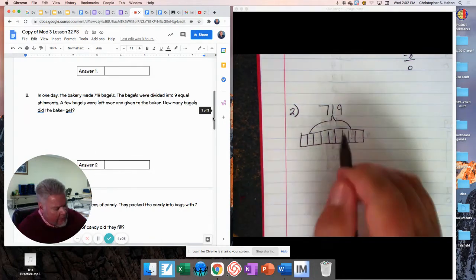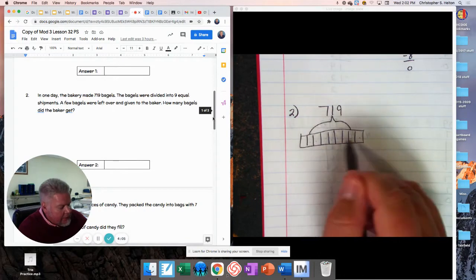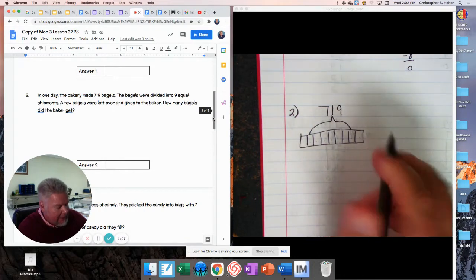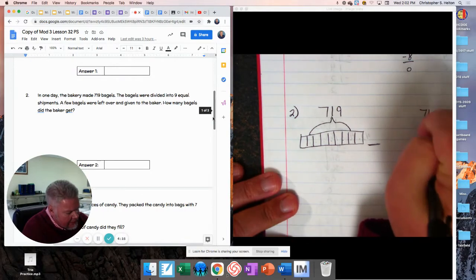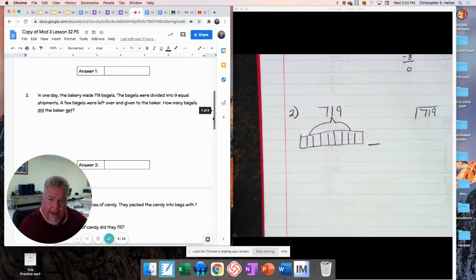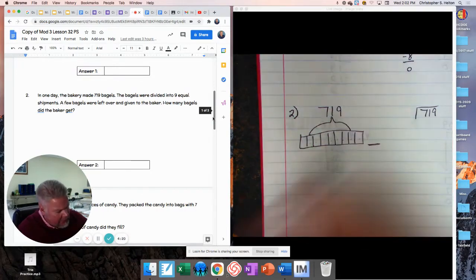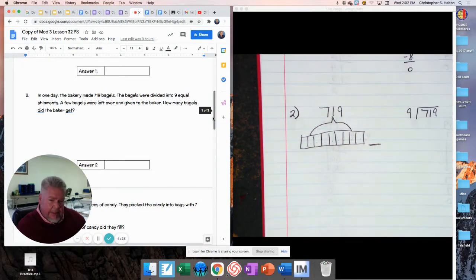And we want to know how many goes in each box or each shipment, and then there's going to be something left over, it said. So we need to find what's left over. So let's write our division problem. It's 719 divided by 9 equal shipments.